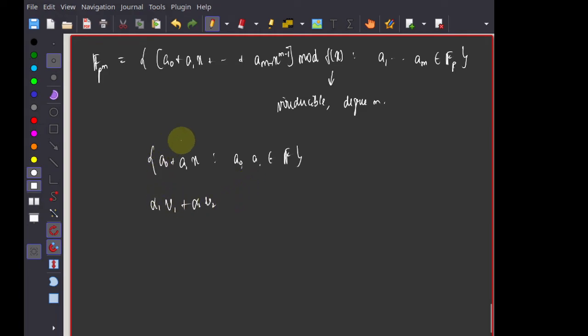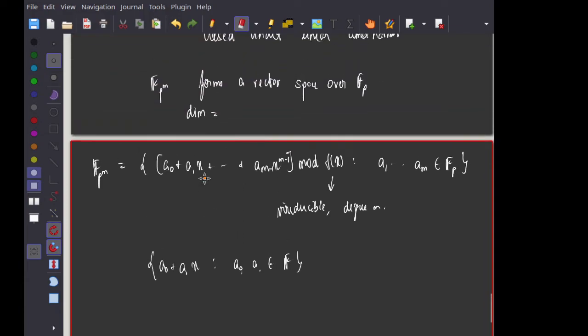So I can write every element over here as a0 times 1 plus a1 times x, for a0 and a1 from the field. What is the dimension? Okay, come back to this. The dimension is n, right? This forms a vector space of dimension n.